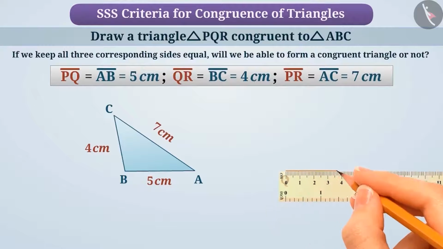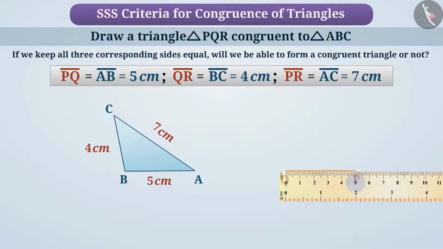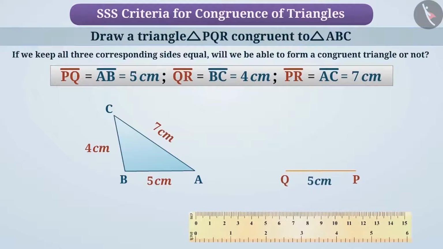First, we will draw the line PQ with length 5 cm. Now, we have to find the location of point R, but the condition is that PR should be 7 cm long and QR should be 4 cm long. So tell me, how will you get to find the location of point R? Think for a while.